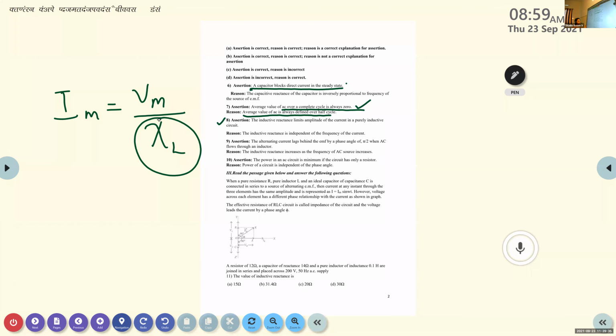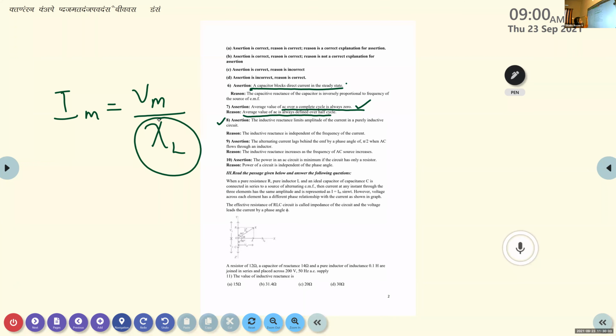From this equation, we can say that inductive reactance and the current are inversely proportional to each other. If the inductive reactance increases, what happens to the maximum value of current that is flowing through a circuit which contains an inductor applied to an AC voltage source? Decreases. Yes, if the inductive reactance increases, the maximum value of the current decreases.